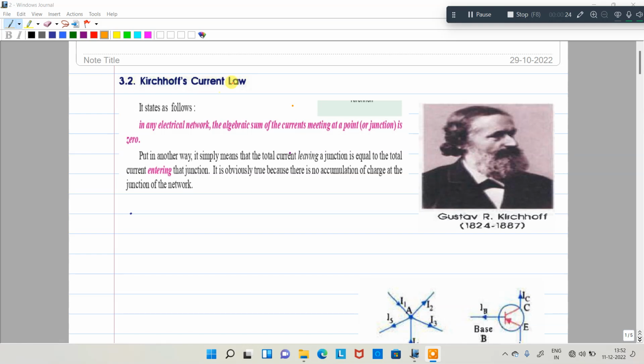Kirchhoff's current law. Kirchhoff is the scientist who introduced these laws. What is the law here? It states as follows: in any electrical network, the algebraic sum of the currents meeting at a point or junction, it is very important, meeting at a point or junction, is zero.